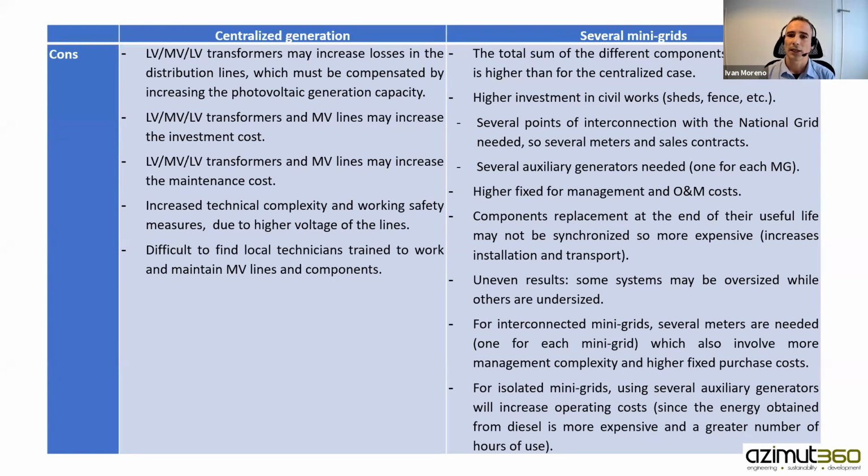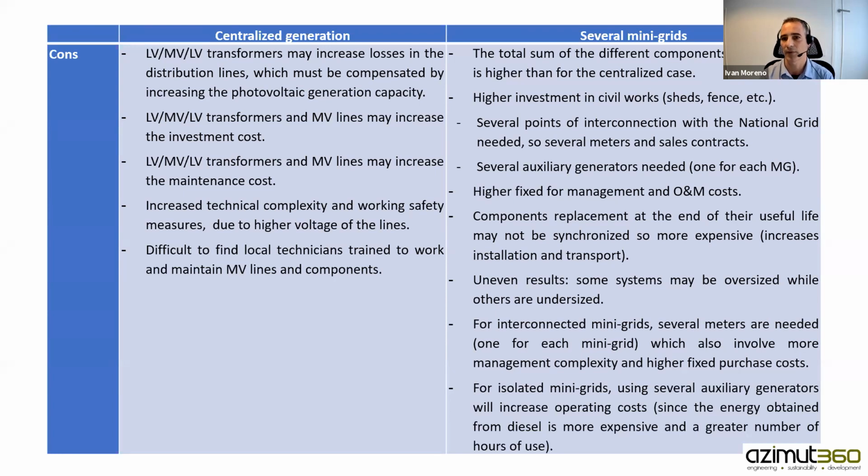The next point is that it may increase the maintenance cost. Of course, the medium voltage lines also need maintenance, and it is not that easy compared to the low voltage. Also, another point is the technical complexity and working safety measures.